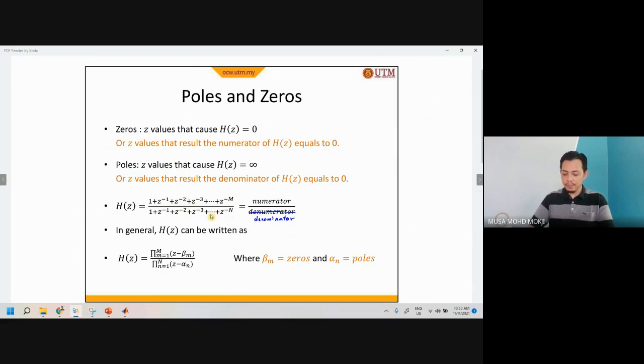You just need to find the zeros. Zeros are the roots of the numerator, and poles are the roots of the denominator.